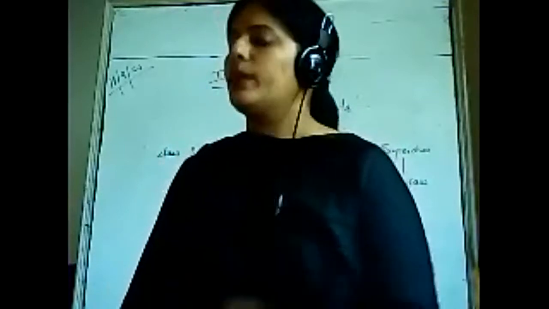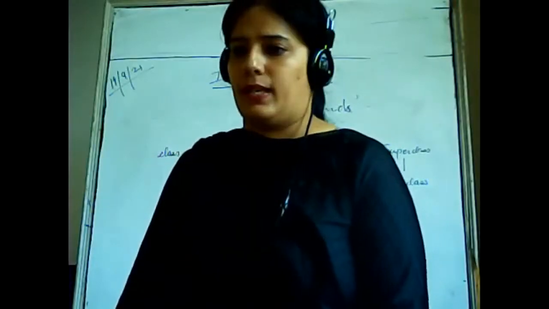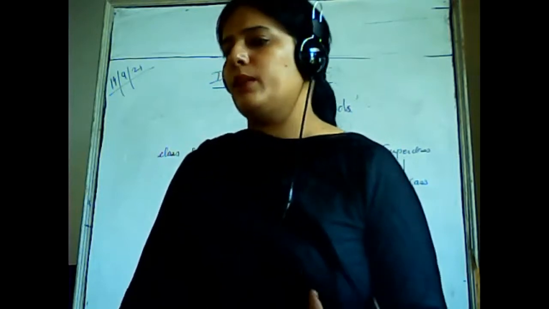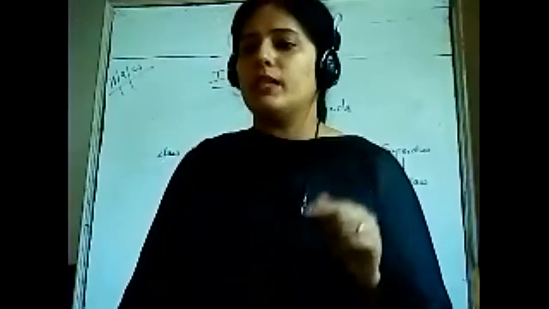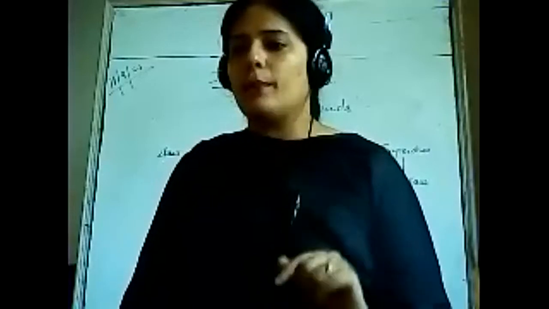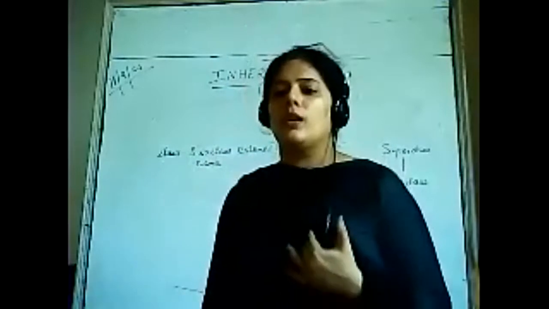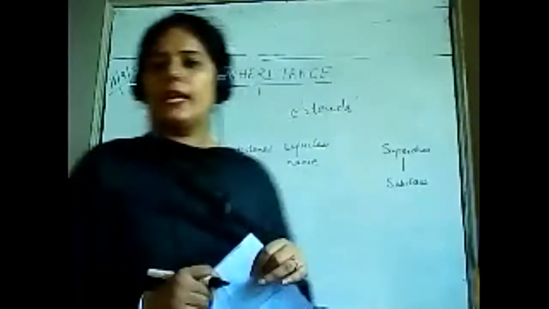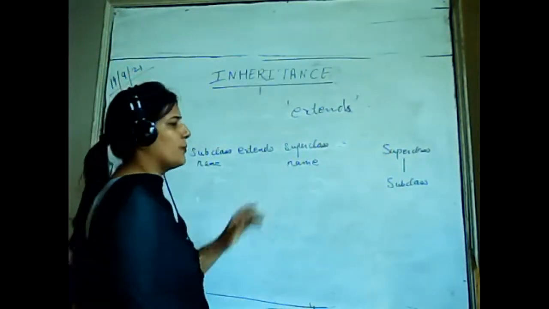It is up to you: the class that we are deriving may use all of the functions or only some of them. Plus, it can also add some features for its own purpose. So it's not mandatory that if you're extending a class you cannot add your own features. We define it like this: class, subclass name, extends, superclass name.